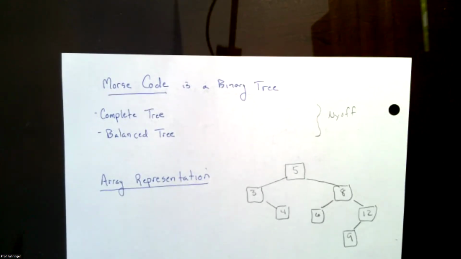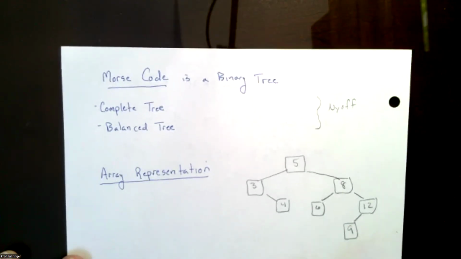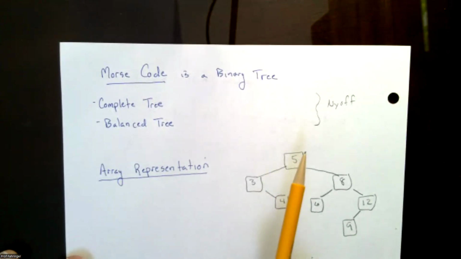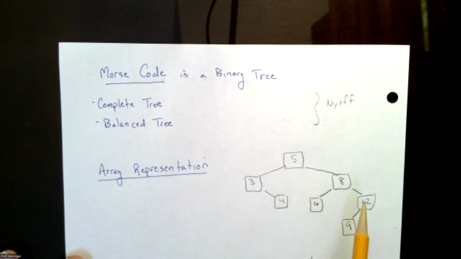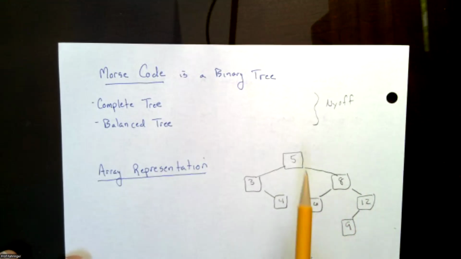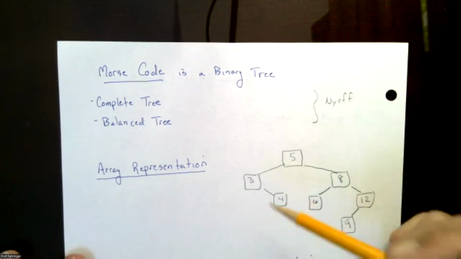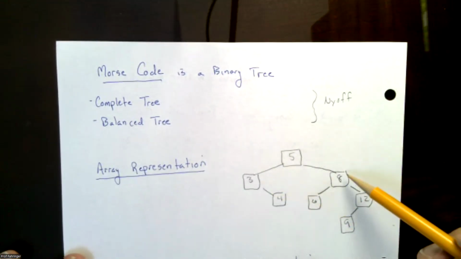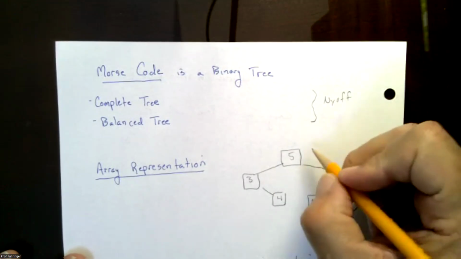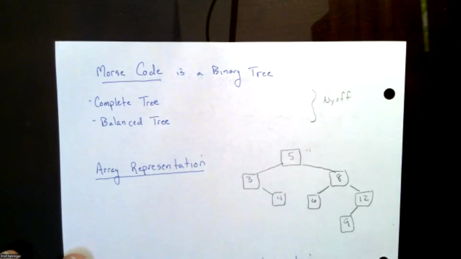Is it a balanced tree? No. A balanced tree was one where the left subtree minus the right subtree in all cases was -1, 0, or 1. So the height here is 2. The height here is 3. This was a -1.